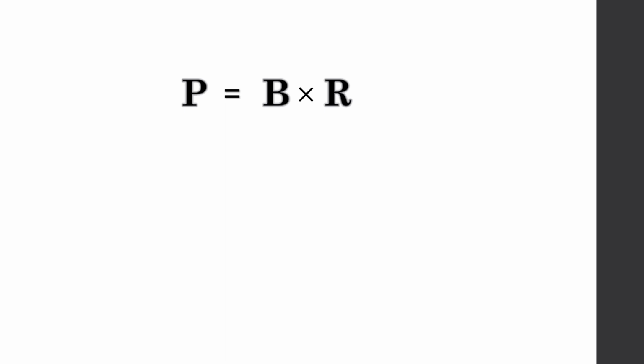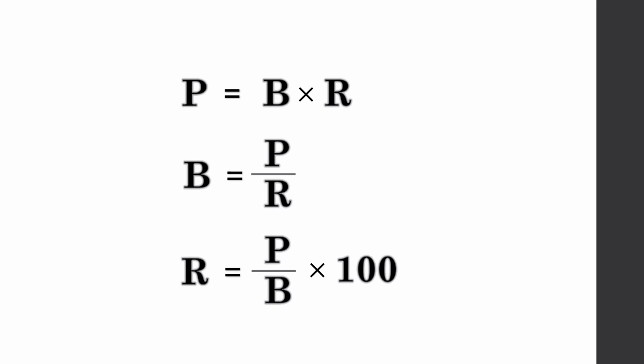The second one is Base is equals to percentage divided by the rate. And the last one, rate is equals to percentage divided by the base times 100. So these are the three formulas we are going to use in solving or in finding the percentage, the base, and the rate.